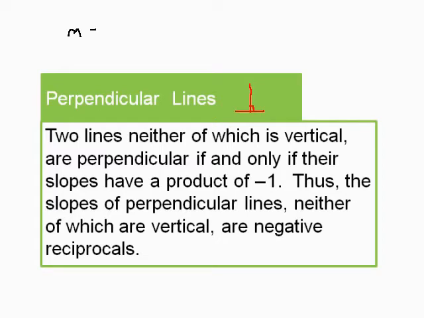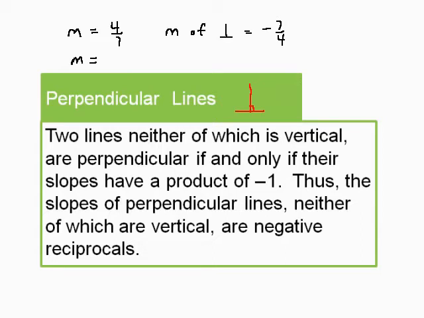So in other words, if I gave you a slope of, let's say, 4/7, the slope of the perpendicular would be the negative reciprocal of that. So you have to take the reciprocal of the fraction 4/7, which is 7/4, and negate it.